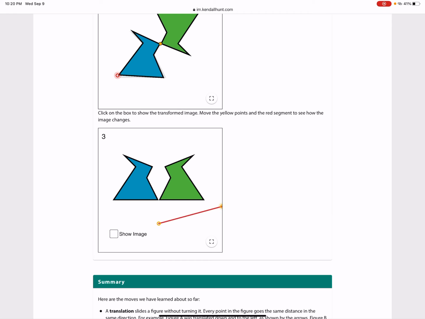And on this one, if I move this, we want to see the image. Move this, see the image, and notice what it does each time. Move it all around, and notice what it does. So that kind of looks like a mirror image, like a reflection over that line, the blue image does.